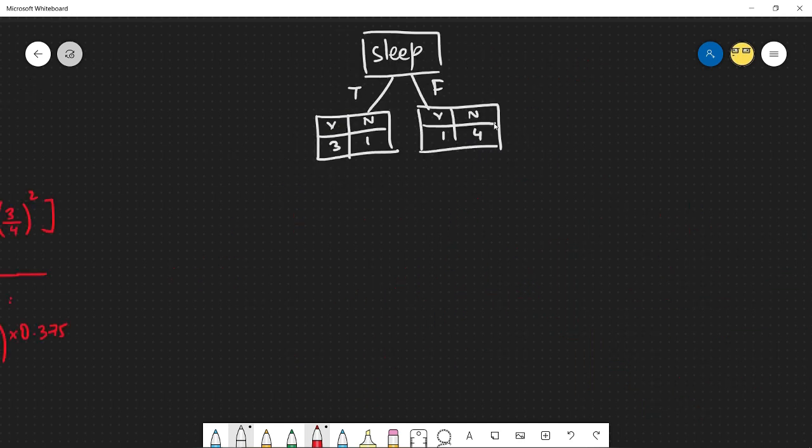Okay, so I've written down the basic decision tree for the entire data set if sleep is being used as the root, and again I have given you the count of passed. So if sleep was true, 3 students passed the exam and 1 failed, and if sleep was false, 1 student passed and 4 of them failed.